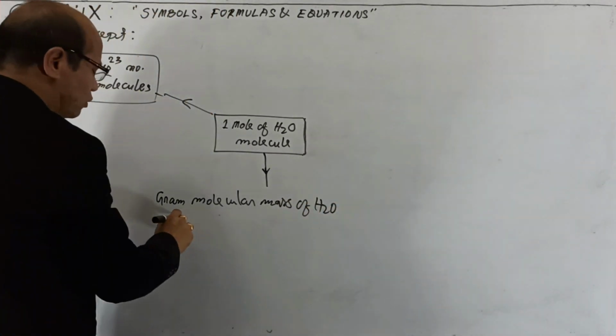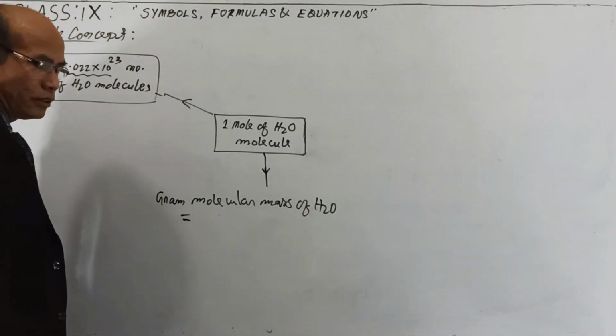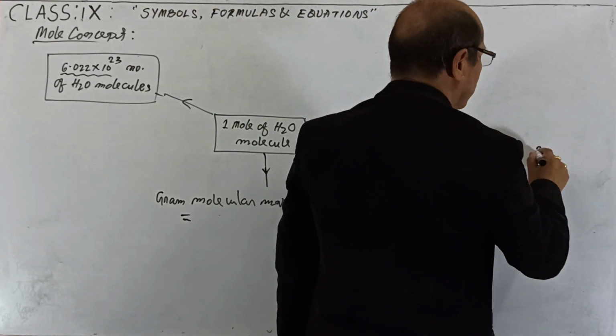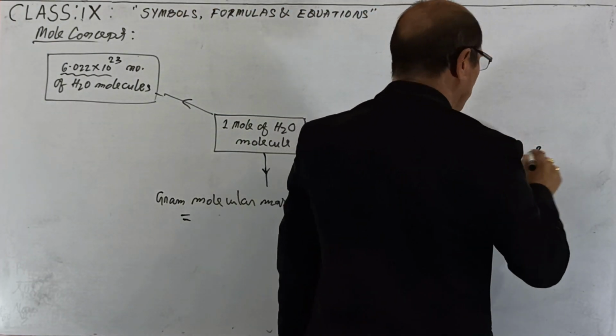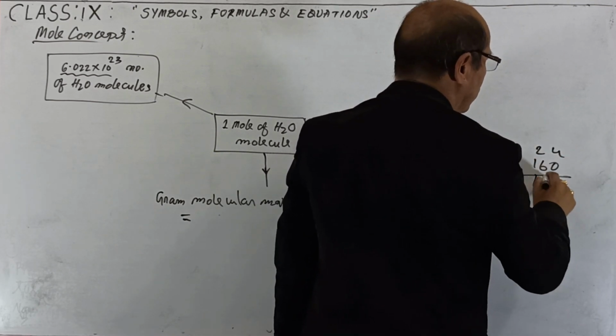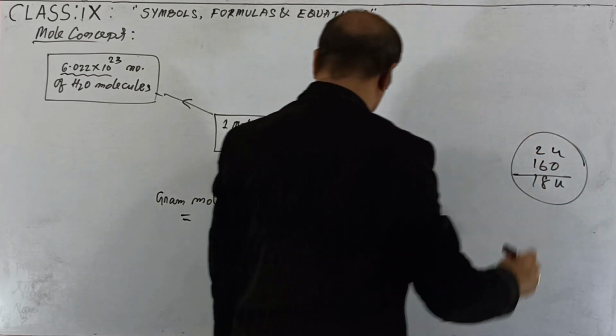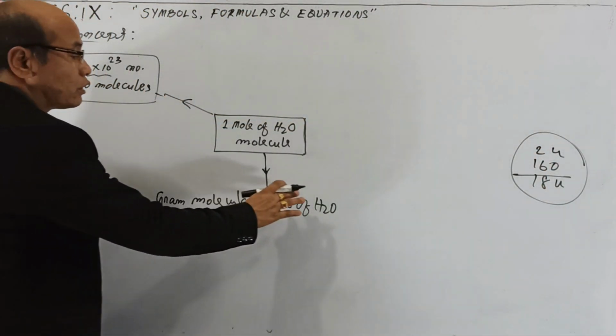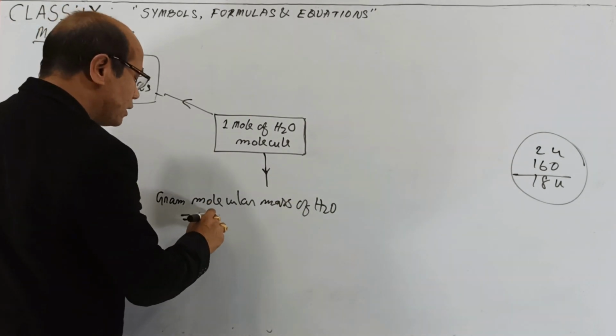Then gram molecular mass of water is equal to how much? Could you tell me? Molecular mass of water is, for 2 hydrogen 2, for 1 oxygen atom 16, then altogether 18 u. 18 u is the molecular mass of water molecule. Then gram molecular mass of water molecule should be 18 gram.